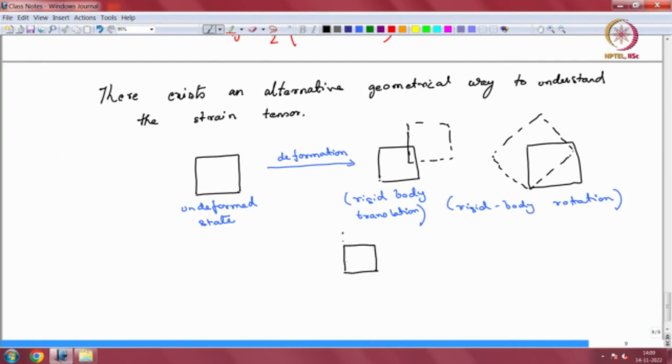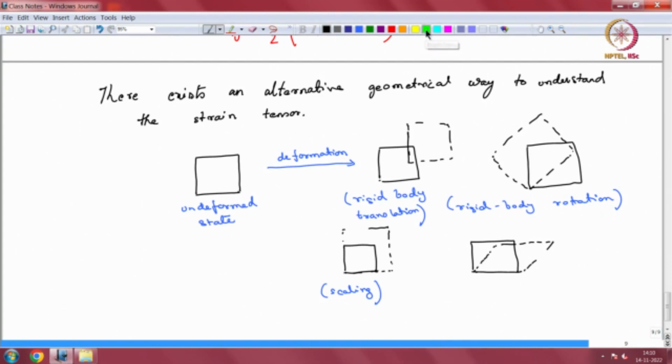So it can undergo a scaling transformation where it becomes bigger than the previous box, or so this is scaling, say, and you now have a shearing component. So you have this box, but now the new box has undergone a shear deformation, right.